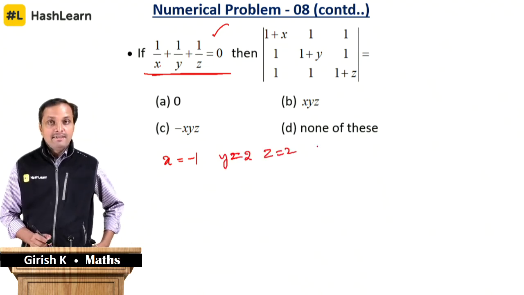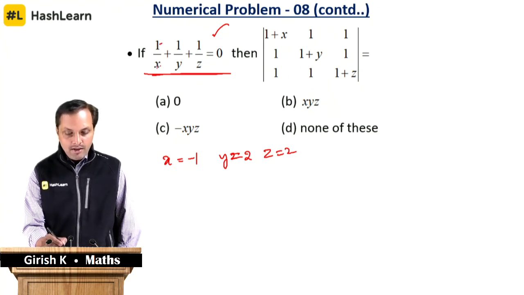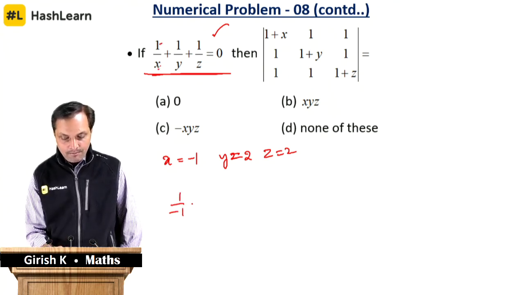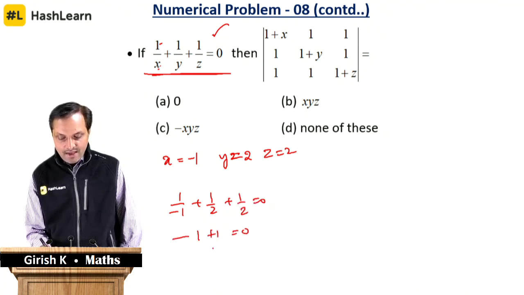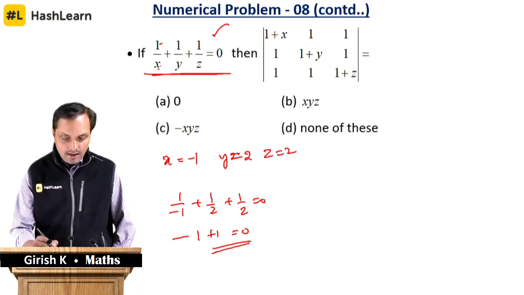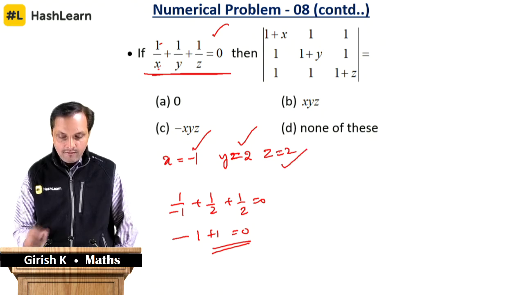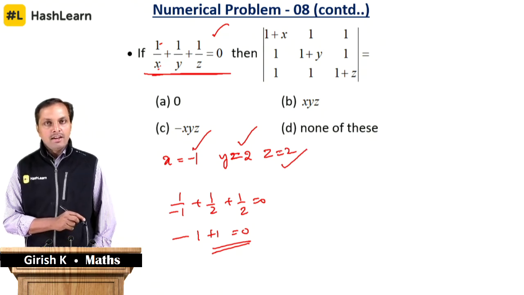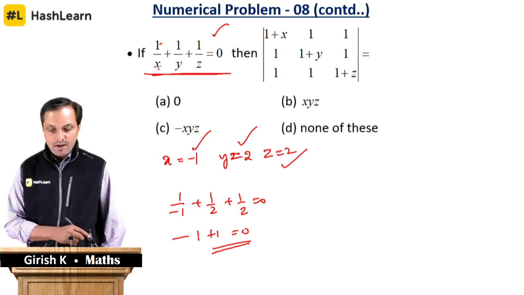The reason behind these assumptions is 1 divided by minus 1 plus 1 by 2 plus 1 by 2. ये है minus 1 और ये है plus 1. That tends to 0. See, the assumptions are valid because they are satisfying the above condition.